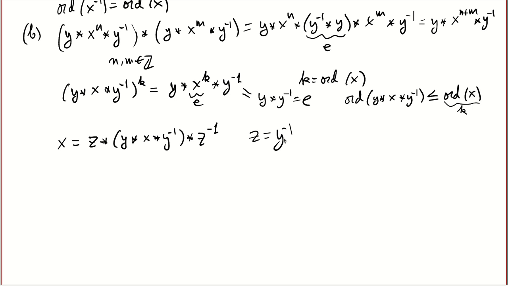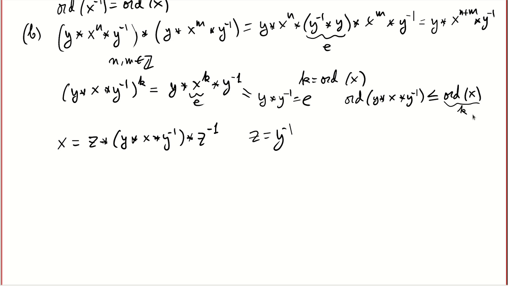If we take y minus 1, then we have y minus 1 times y is just the identity, and here we have y minus 1 minus 1, which is y, and y minus 1 times y is the identity. So the identity here is just x. This is a bit baroque way of writing x, but this is going to be useful for our purposes.